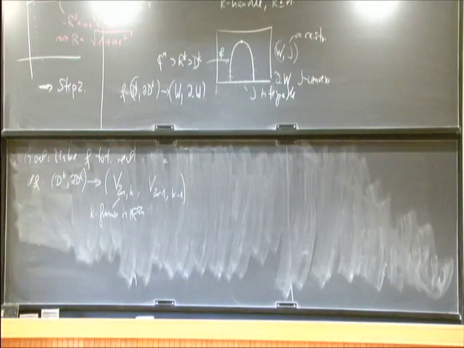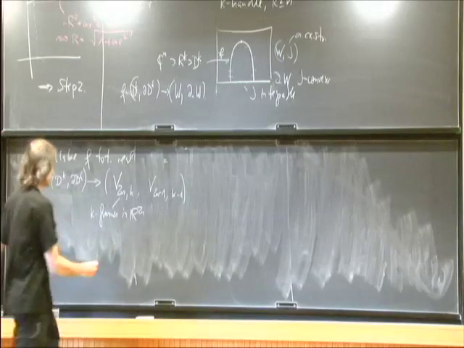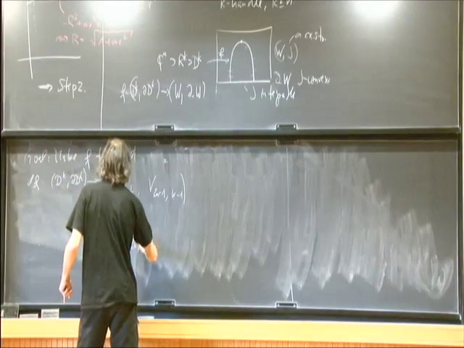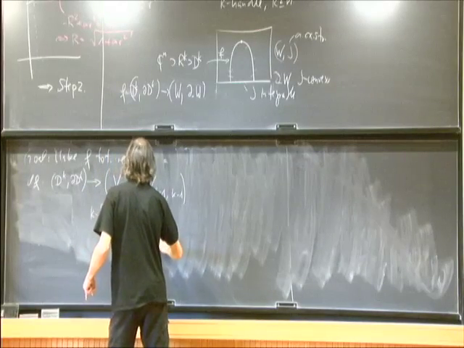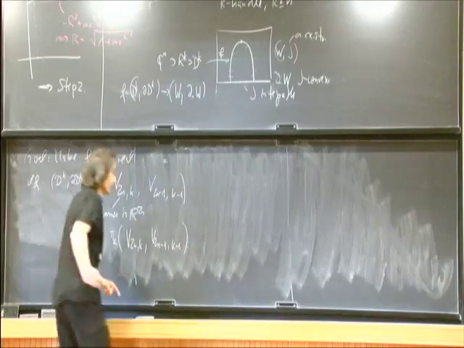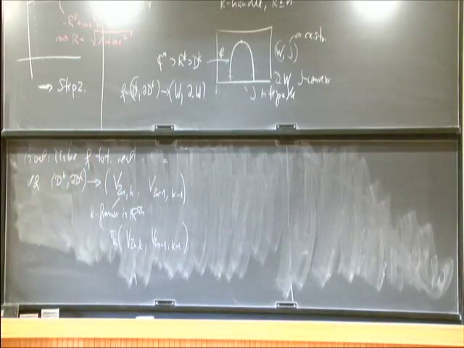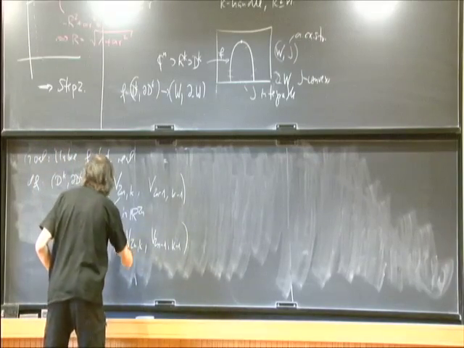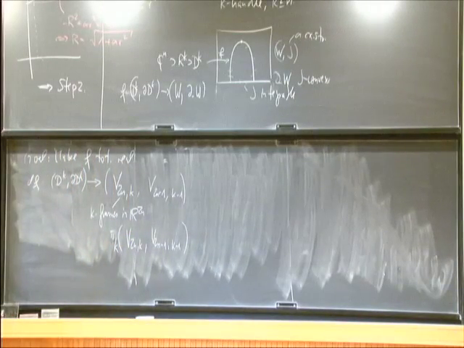So what we get here is an element in pi_k of V_{2n,k} and V_{2n-1,k-1}. Sorry, pi_k.